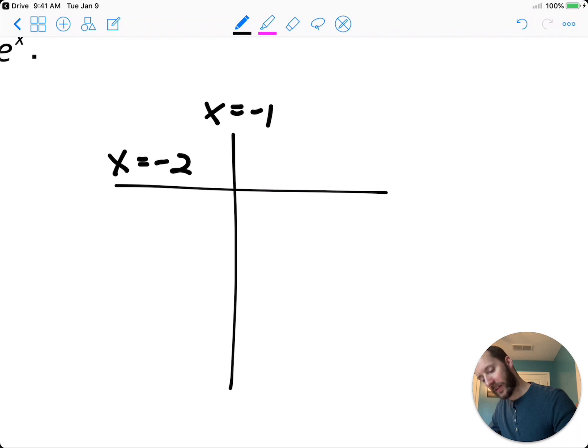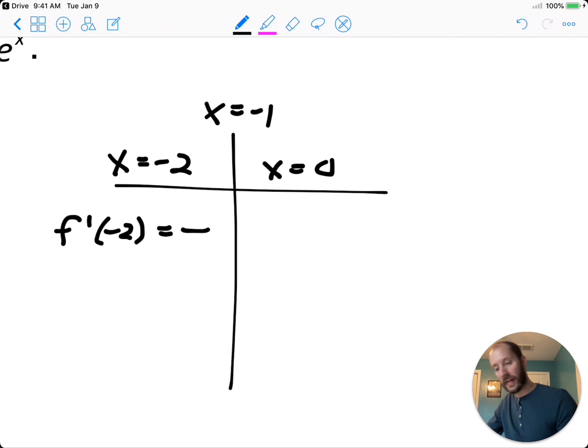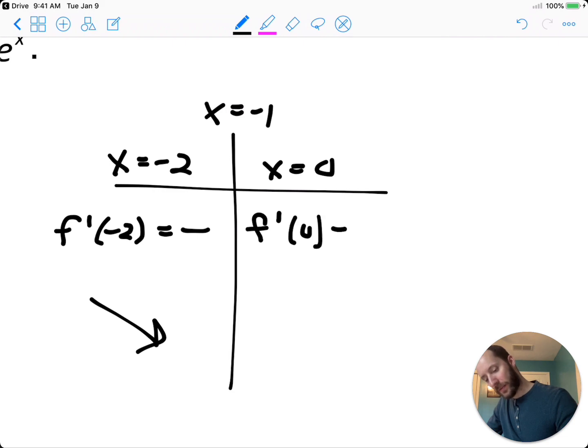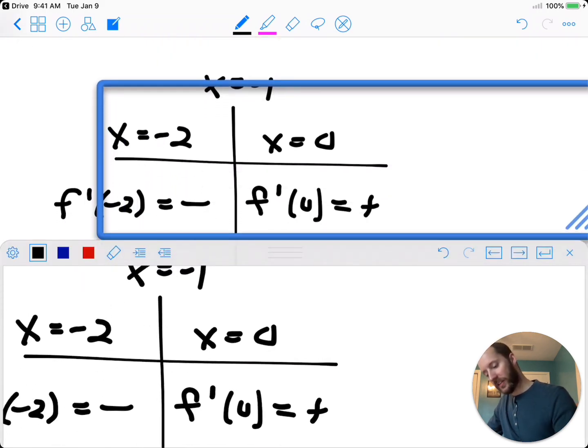So pick an x value to the left of negative 1, pick an x value to the right. f prime of negative 2, you plug that in, you're going to get a negative value. So we're decreasing. f prime of 0, plug that in, you're going to get a positive value. So we're increasing.